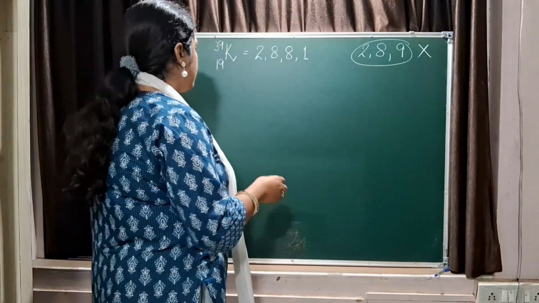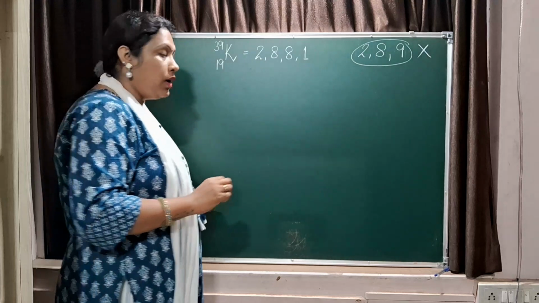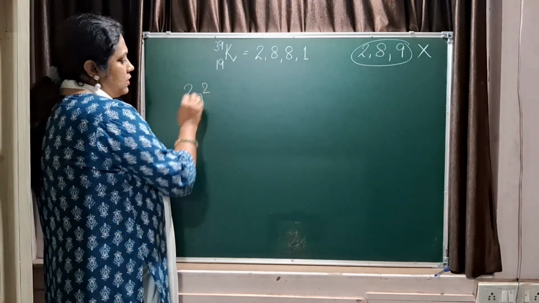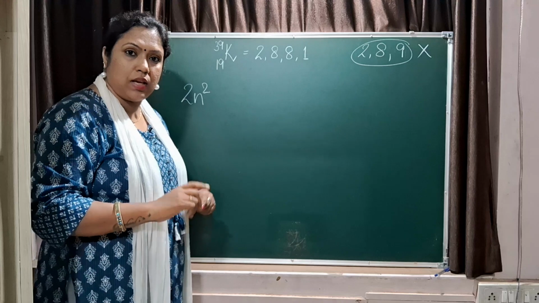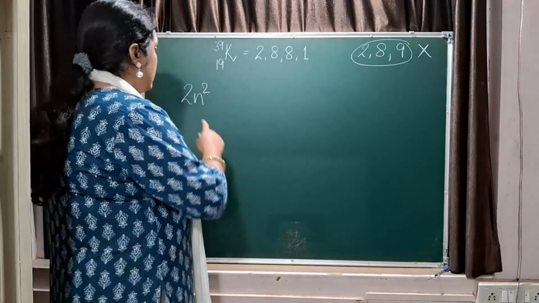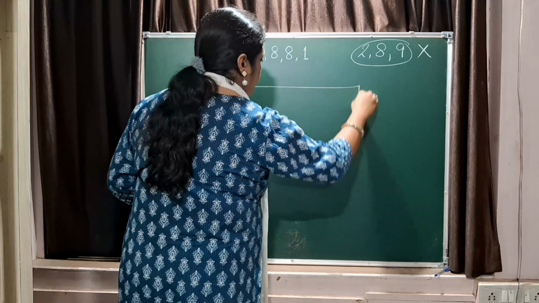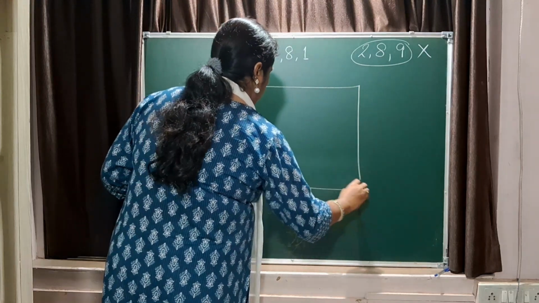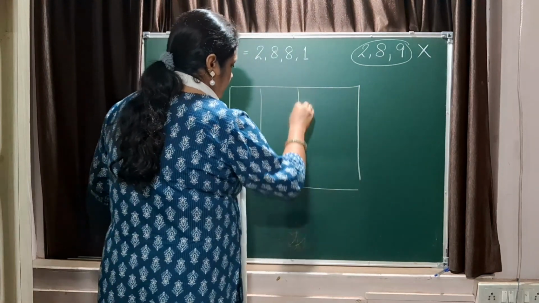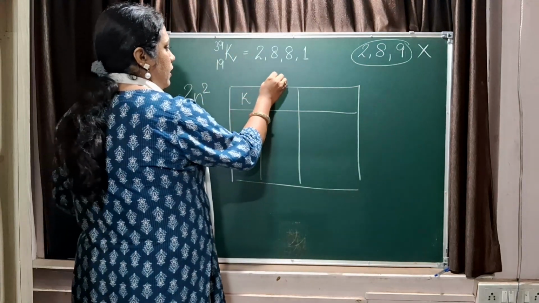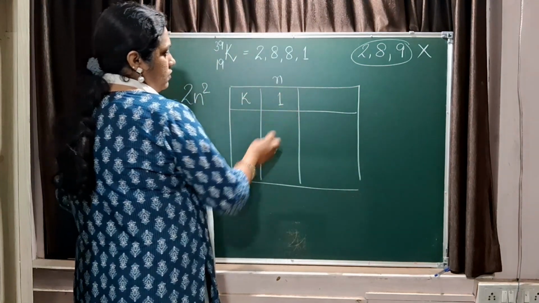Now as we have studied Bohr-Bury's law, there is a formula to find out the maximum capacity of electrons in the orbits. According to this formula, there are 4 shells, you all know that, right? The K shell, here n value is 1.